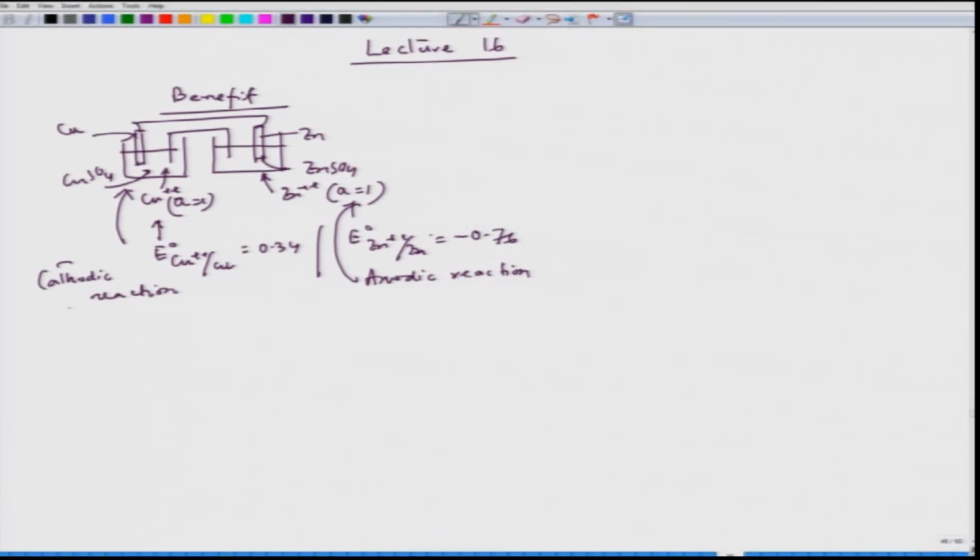We can also see that this side is noble and this side is active. So, these two pieces of information we can definitely get.